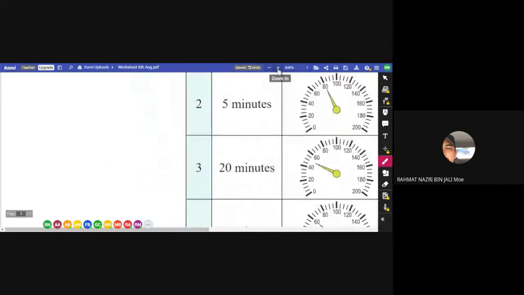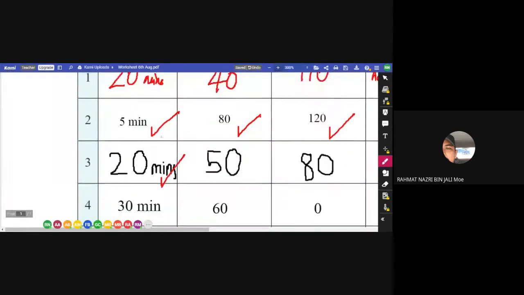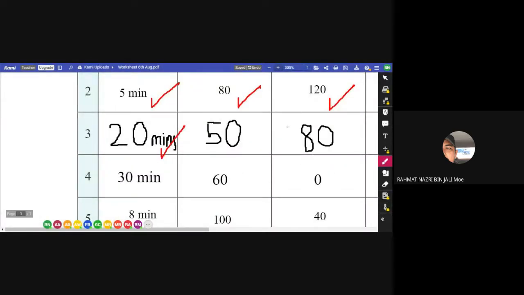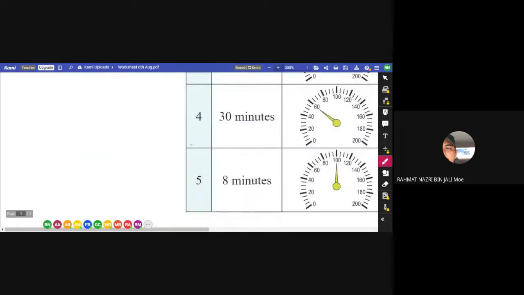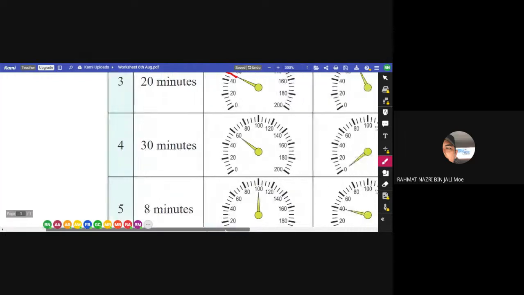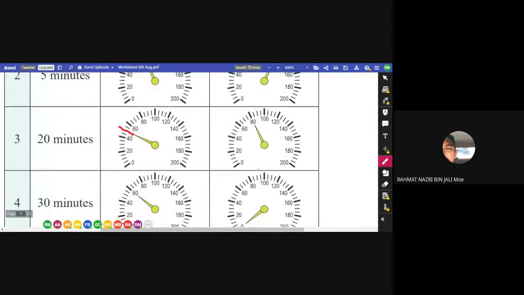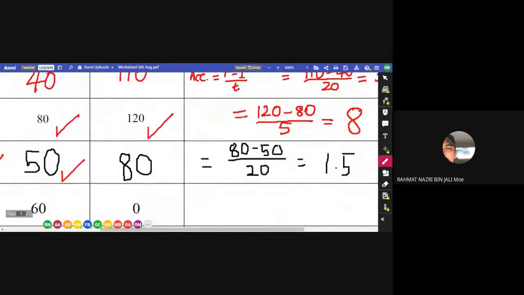Not 55, 45 here, 50 here. Tengok betul-betul lah. So 50. Speedo shows initial reading is 50. Okay, dah betul kan? Thank you. And then the final reading for the 20 minutes is 80. Bagus.